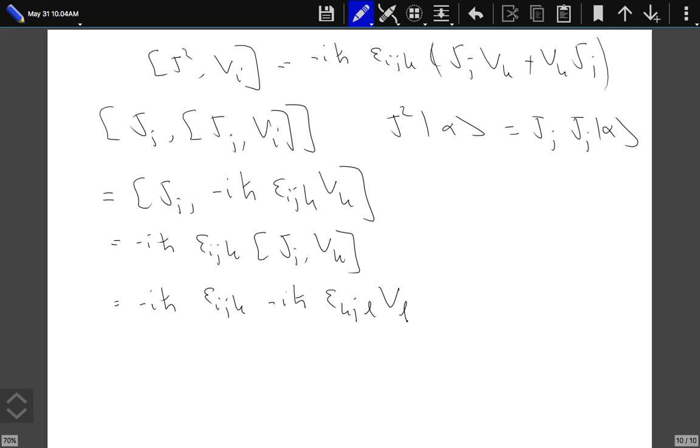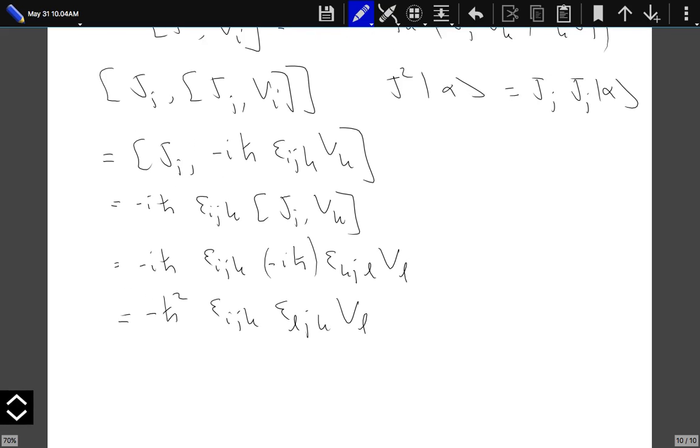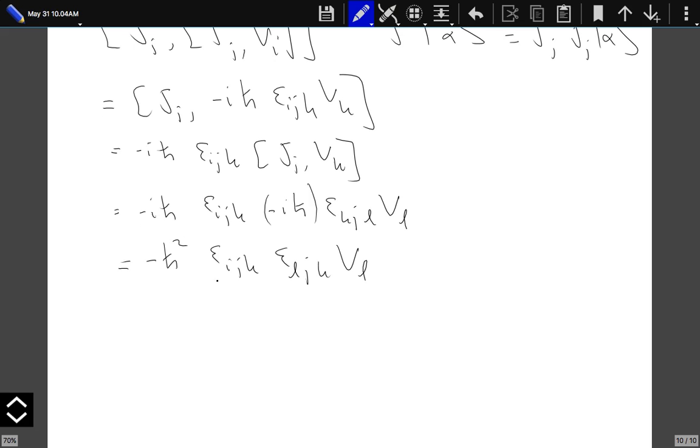I have the product of two epsilons. This is minus ħ squared epsilon ikj epsilon ljk Vl. What is this product?